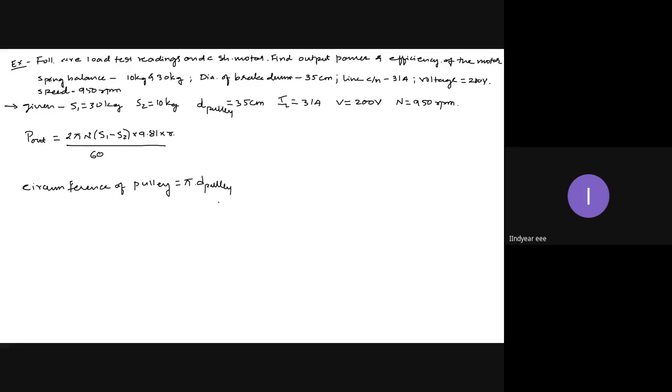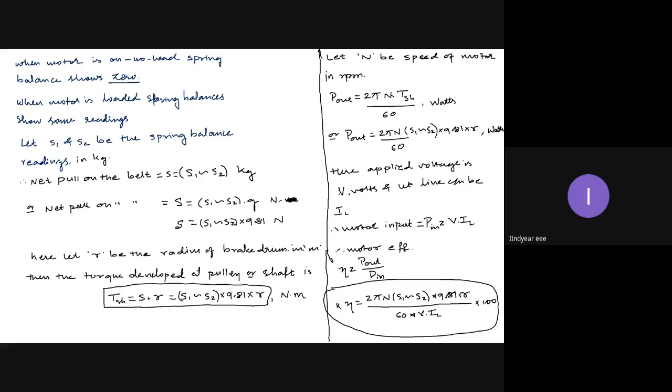The circumference of the pulley is pi into d pulley, which is pi into 35 centimeters. 35 centimeters is 0.35 meters. I want the radius in meters because the torque I have calculated here is in Newton meters.